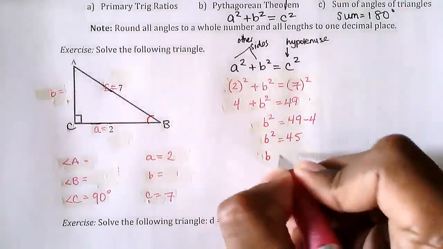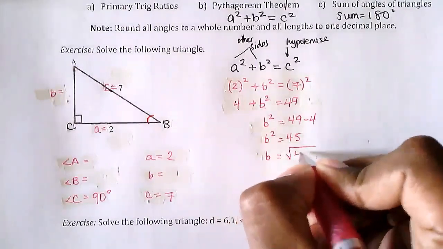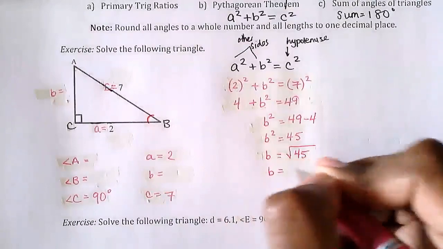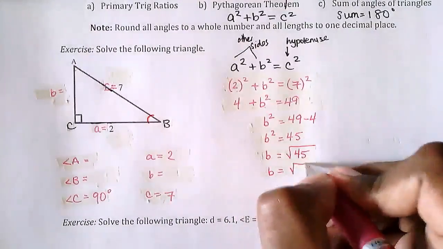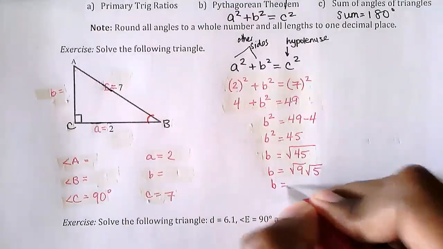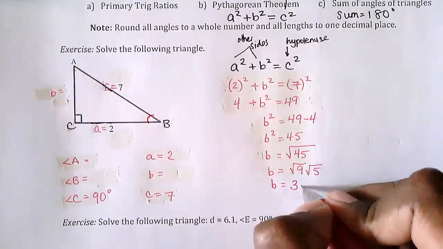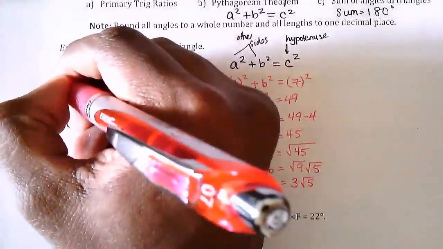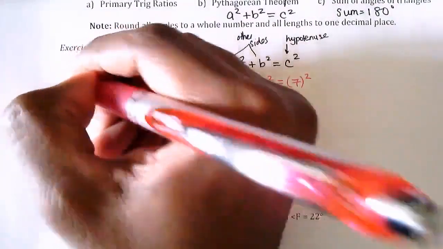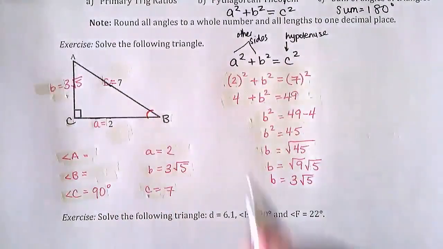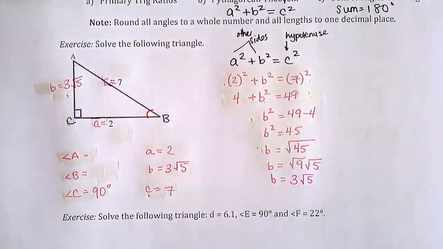And so b is equal to the square root of 45. Remember, the square root of 45, we can break it down because that's the same thing as saying square root 9 times square root 5, which is just 3 root 5. So now we've solved for b, which is 3 root 5. I'm going to add that to my list here. So now we've solved for all three sides.